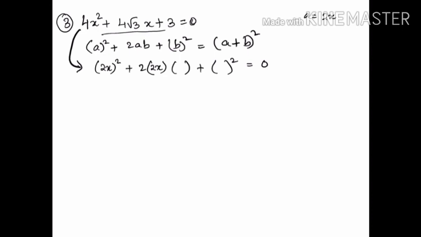Now b, comparing the middle term with 4 root 3x. So 2 into 2x into b is equal to 4 root 3x. So b is equal to root 3.